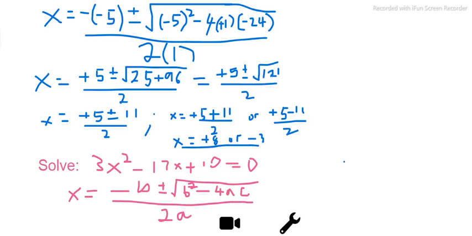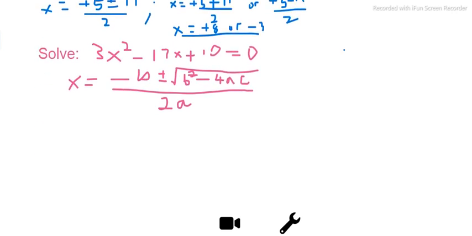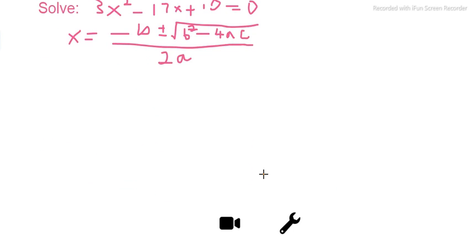Now let's take the second example here. In the same way, we write out our a, b, c. a will be 3, b will be minus 17, c will be plus 10. Are you with me?